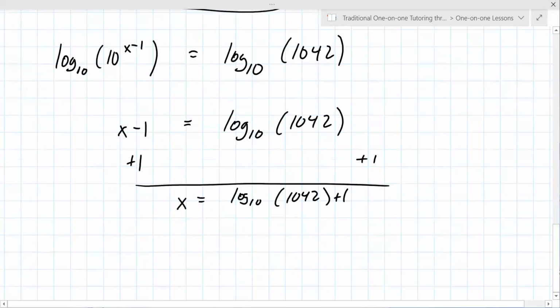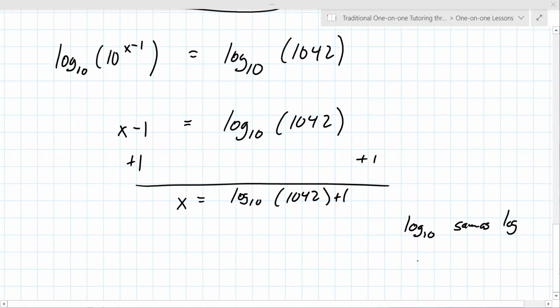Now, if you have a calculator, log base 10 is the same as log. But if it's base 9, then it's not. Log is just not written with a 10. But this is not the same as ln. So if you've got a calculator, go ahead and calculate that.